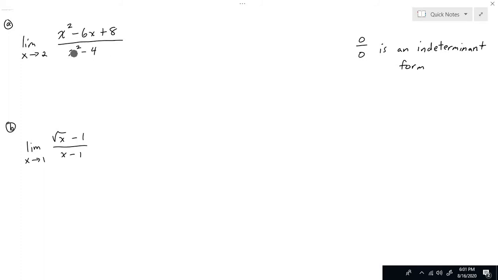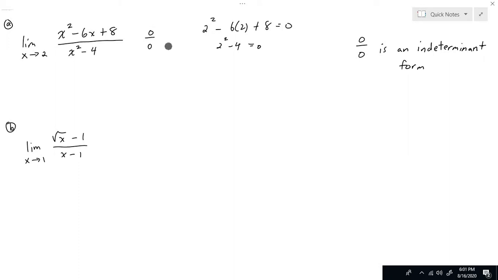But when you substitute 2 into this, you get 2 squared minus 6 times 2 plus 8 on top, which happens to be 0. And on the bottom, you get 2 squared minus 4, which is also 0. So we're getting 0 divided by 0.